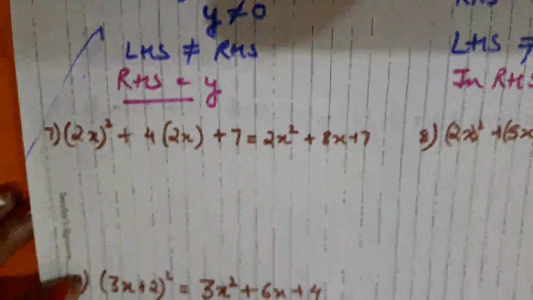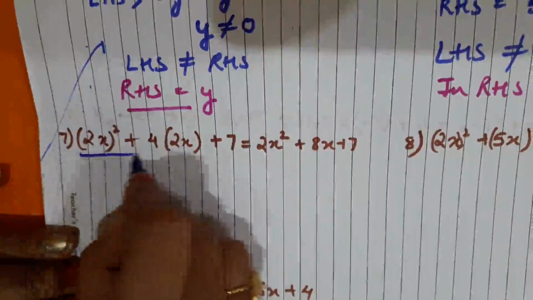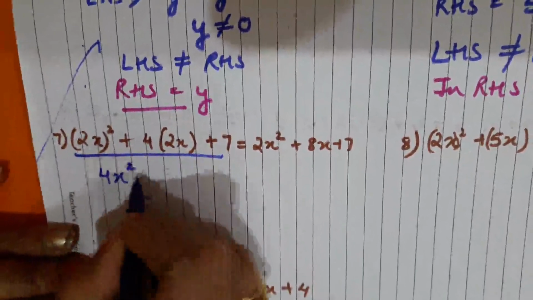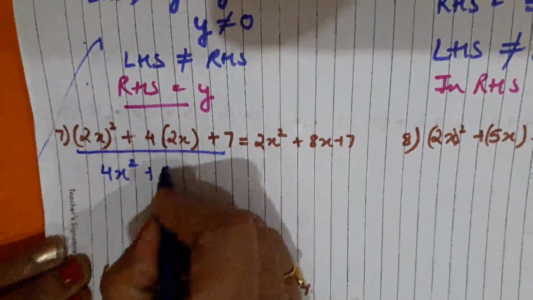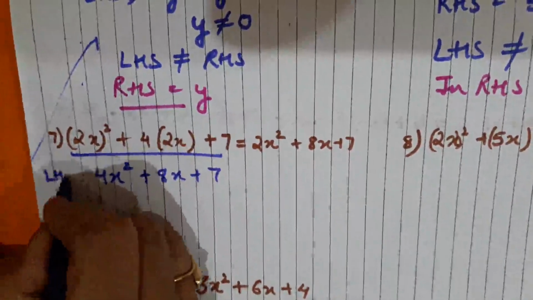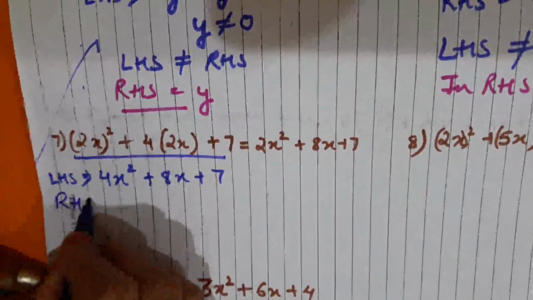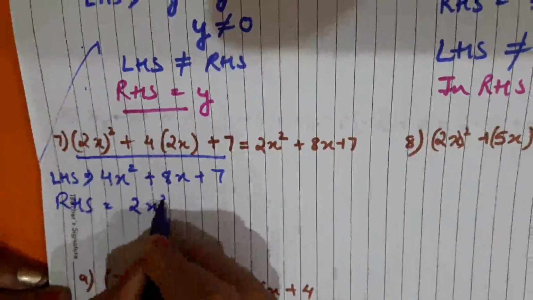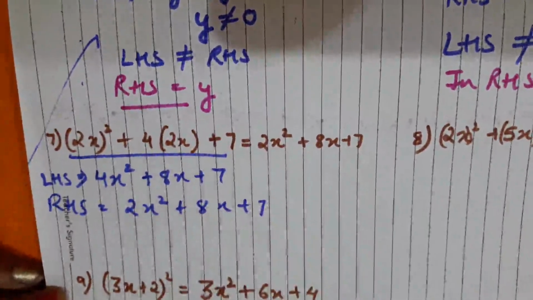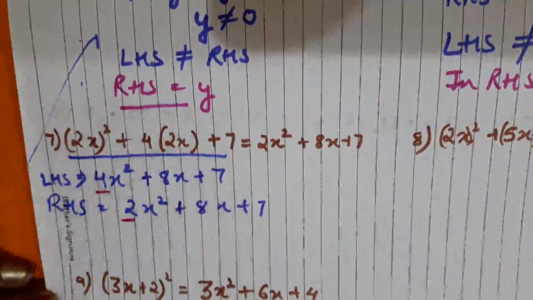Now question number 7. Concentrate on the left-hand side. 2x square is 4x square. 4 into 2 is 8x plus 7. So this is your left-hand side, and in your right-hand side we have 2x square plus 8x plus 7. If we compare both of them, here is 4 and here is 2.